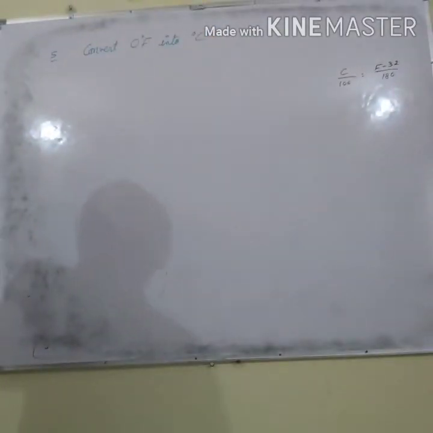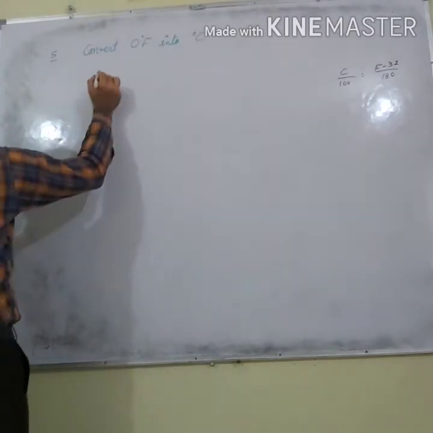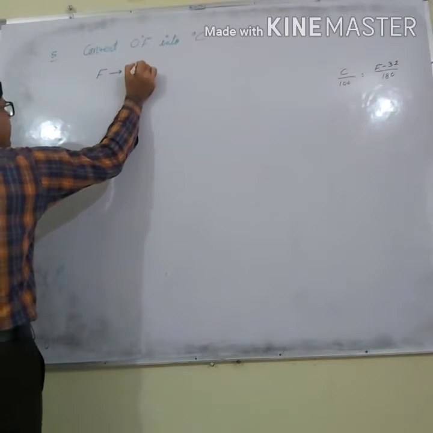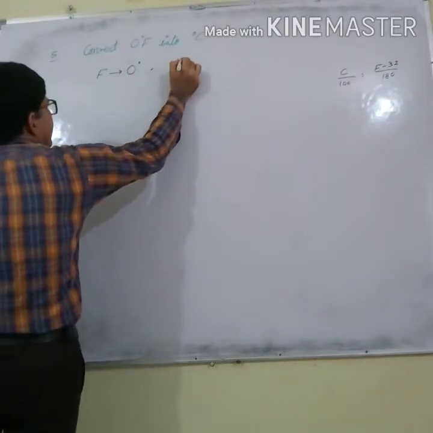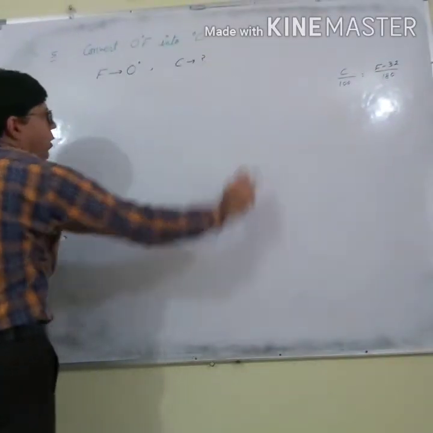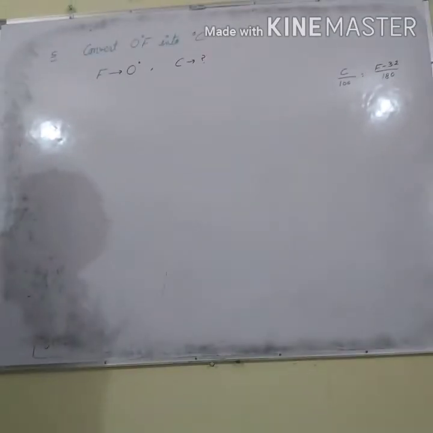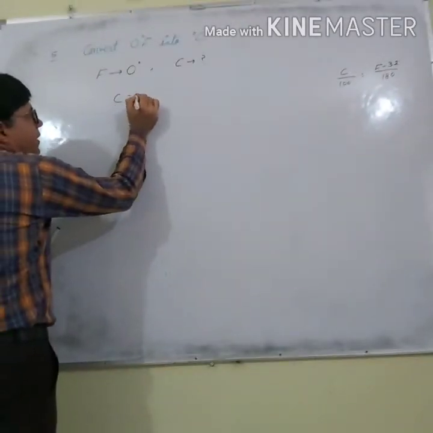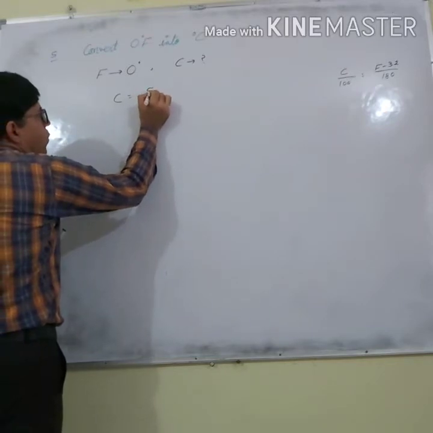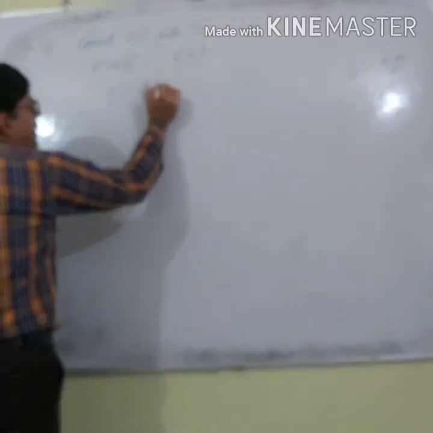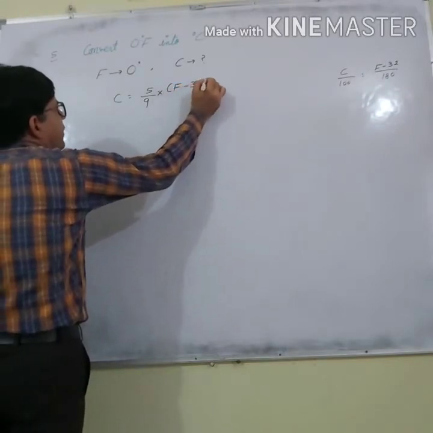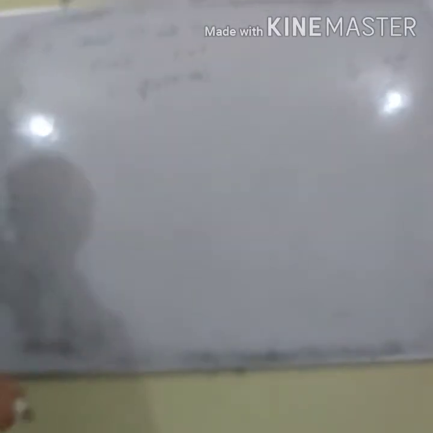So how can I convert? What is temperature in Fahrenheit given? 0 degrees Fahrenheit, and Celsius I have to find out. What is the formula? Formula is C equals 5 by 9 multiplied by F minus 32.